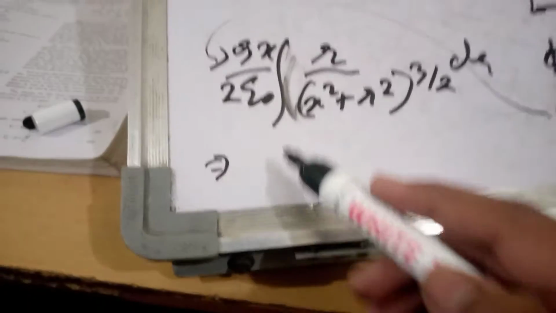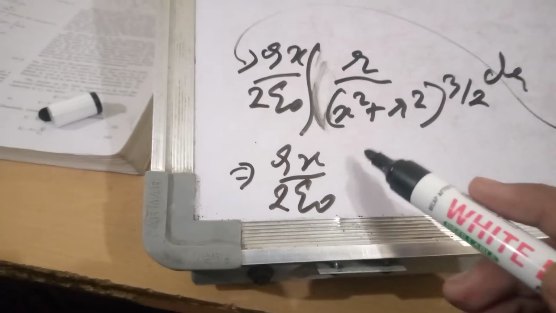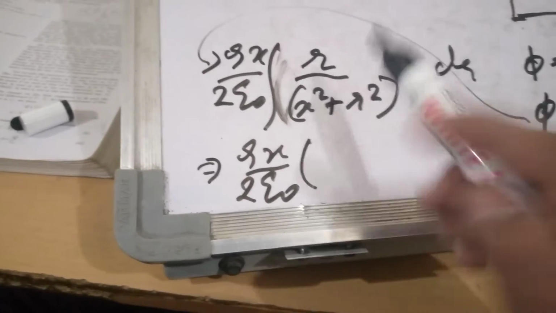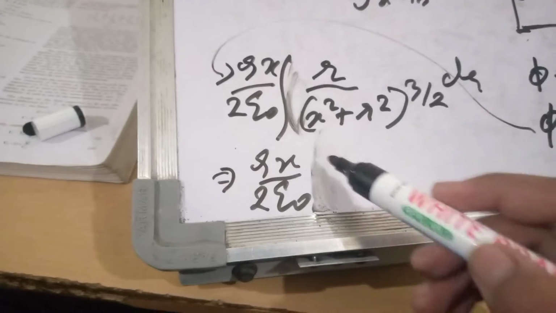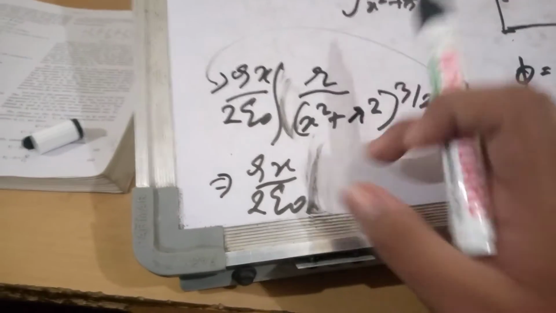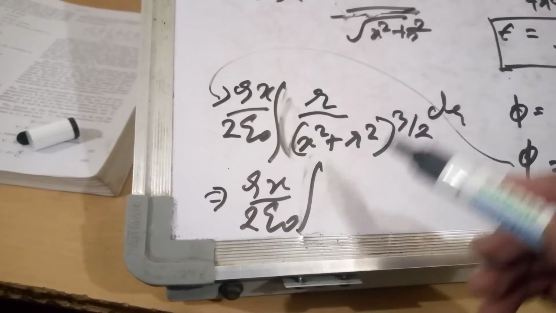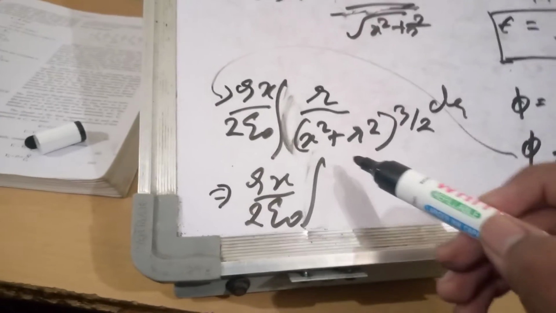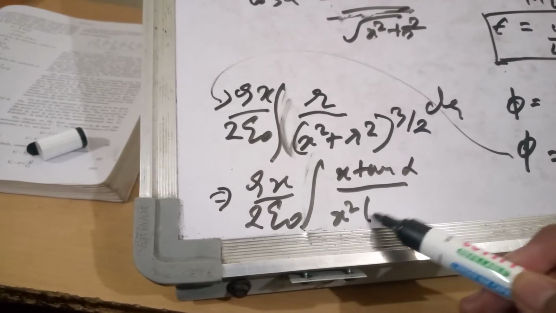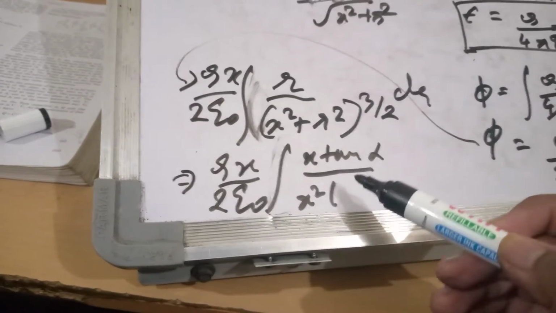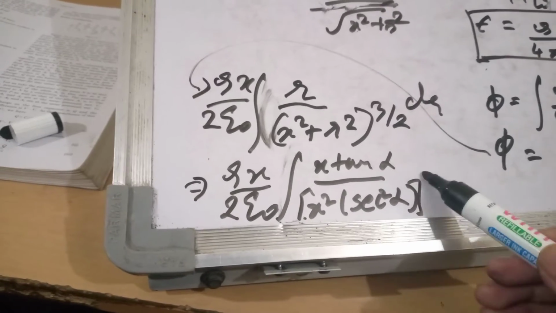So we will substitute this here. qx upon 2 epsilon naught into r, where r is equal to x tan alpha, upon x square into 1 plus tan square alpha, which is sec square alpha, to the power 3 by 2.